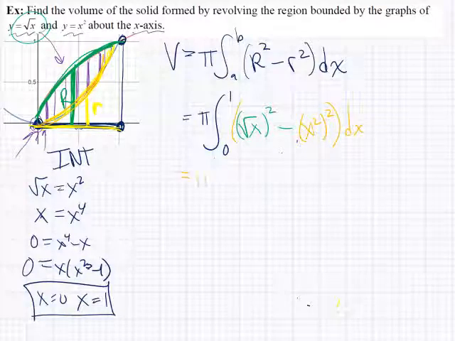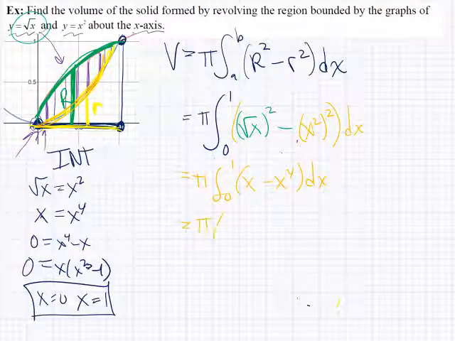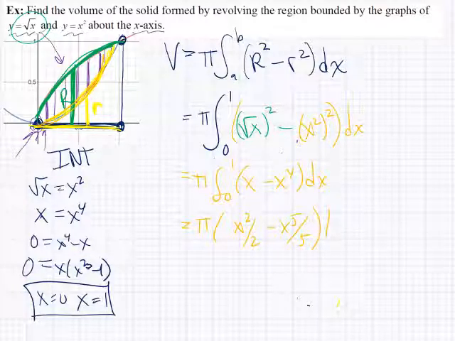So what do I get? I get pi times the integral from 0 to 1 of x minus x to the fourth dx. Now what I need to do is integrate. Very simple: x squared over 2 minus x to the fifth over 5, between 0 and 1.